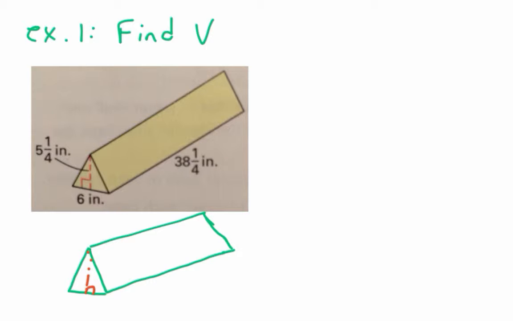And then I'm going to start with my equations. I have volume equals capital B times the height. Now the height, if my base is this triangle shape here, my height has to always be that distance between my two bases. That was the thing I almost added before.